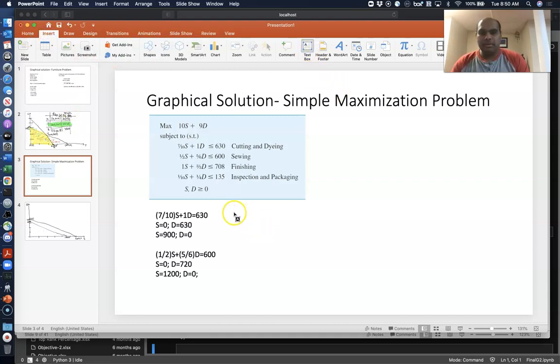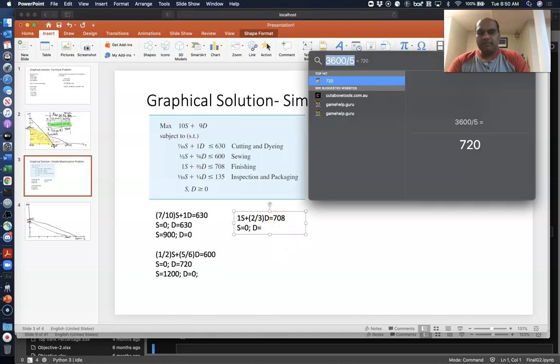Let me get another text box right here. Let's do the other two. We'll begin with 1 times S plus 2/3 times D is equal to 708, right? So if I plug in S is equal to 0, I'll get D is equal to 708 times 1.5, which is 1062, right?